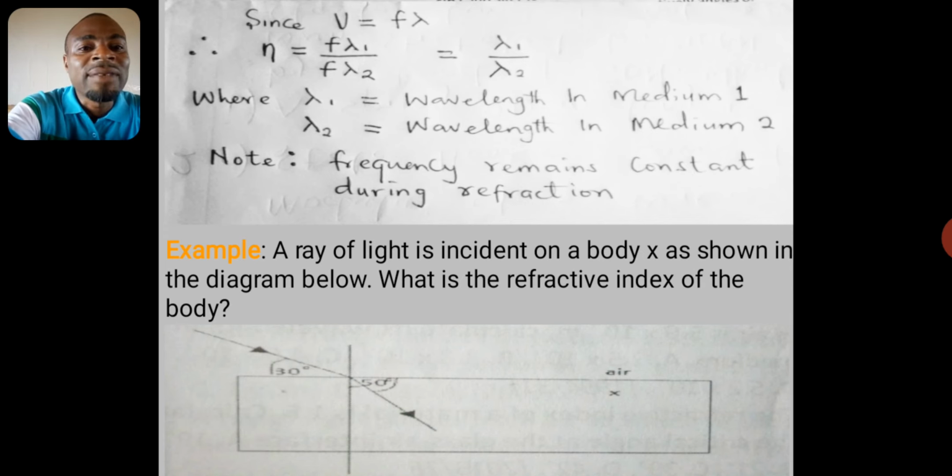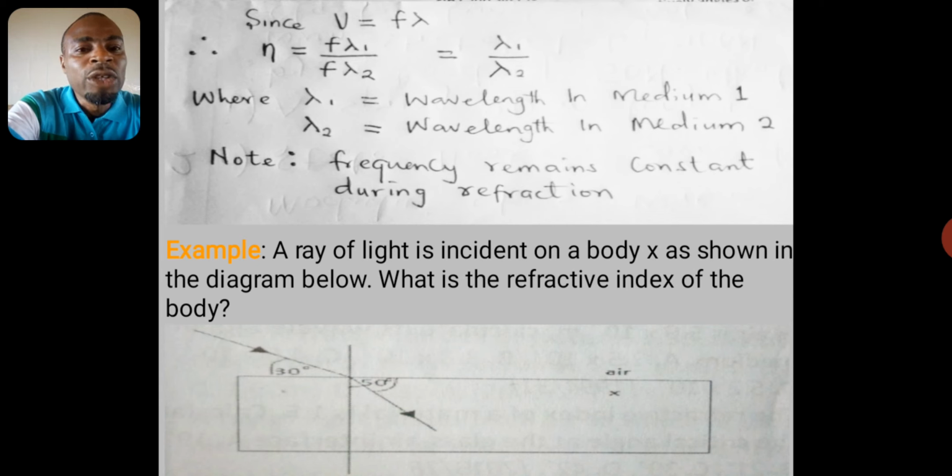So 90 minus 30 will give us the angle of incidence. Inside the body X, we also have a value there which is 50, but that 50 is the angle between the refracted ray and the plane surface. So we will not use it as our r, angle of refraction. So we have 90 minus 50, which will now give us 40.